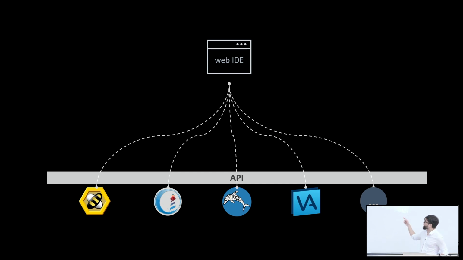But also, I could use the same IDE to access different Smalltalks, provided that I could implement this API if it is general enough and simple enough, so it's not a pain to implement in different dialects. So that's the way I went.